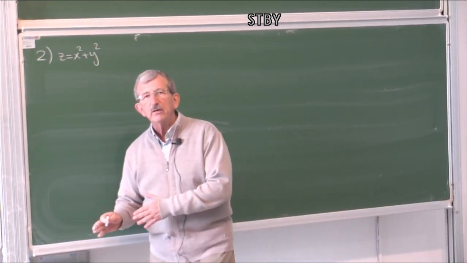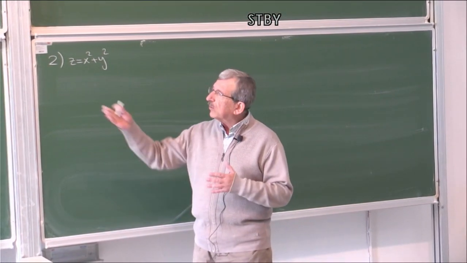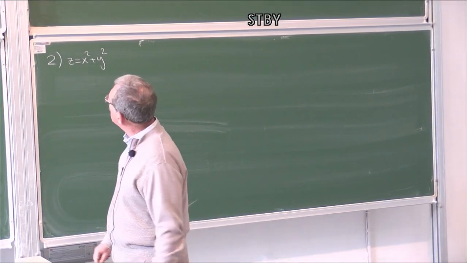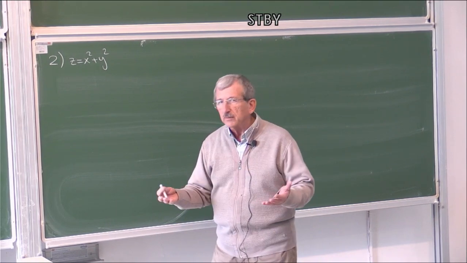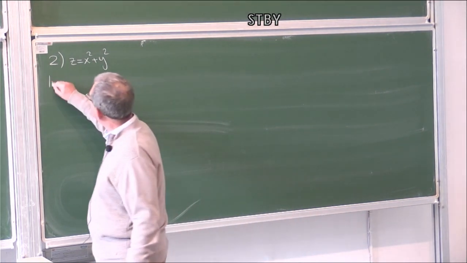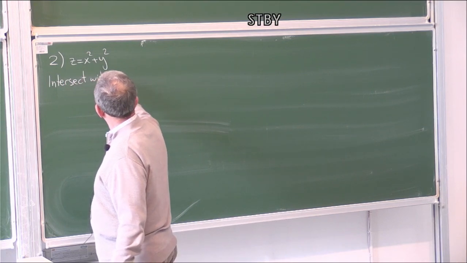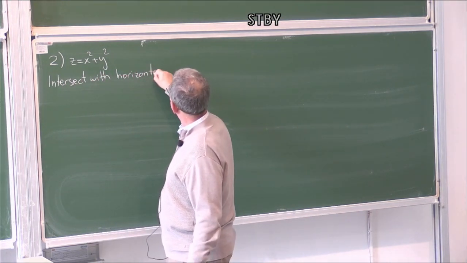But usually, not always, the easiest one is what we did so far in the first example, namely that we intersect it with horizontal planes.